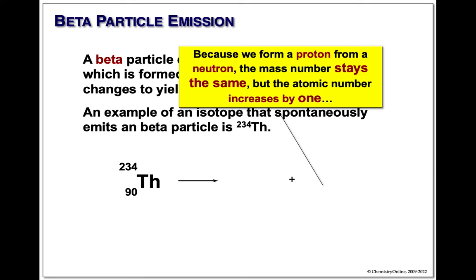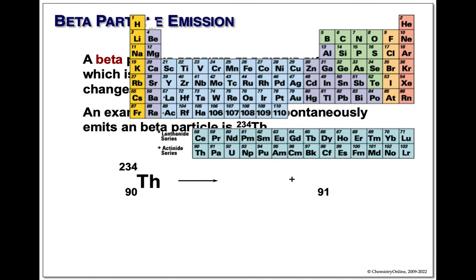That means the mass number is going to stay the same, right? The atomic number, however, is going to go up by 1. That's because it used to be neutral, and now it is a proton. So our new atomic number here is 91.